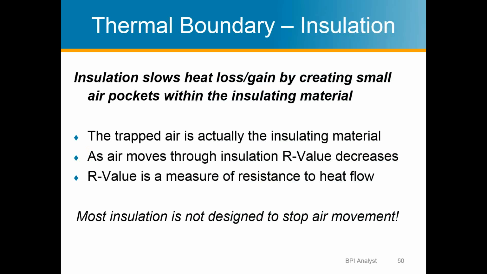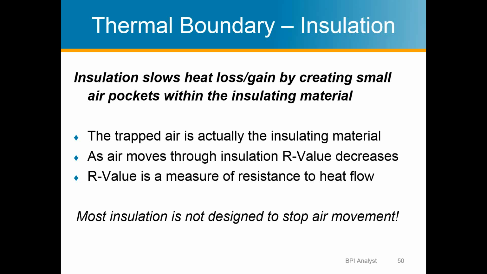So insulation slows heat loss or gain by creating small pockets within the insulating material. The trapped air is really the insulating material. Air itself has an R value if you can keep it from moving. Moving air is called convection, or convecting. So if you can keep it from moving, air is a pretty good insulator.